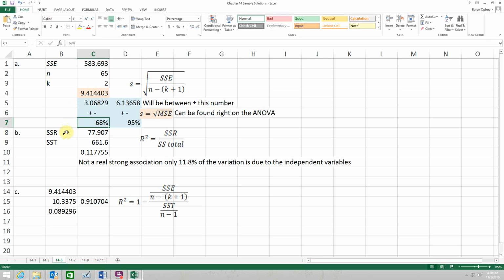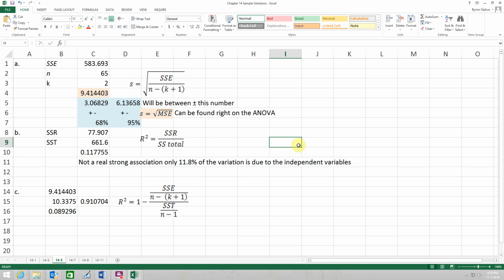When we go to B, it says determine the coefficient of multiple determination and interpret this value. So that's the r squared we're going to be finding, and we'll do a decent amount with r squared here. That's on the middle of page 485. Again, this one's pretty simple because it gives us our data in that ANOVA. The SSR is simply the regression.